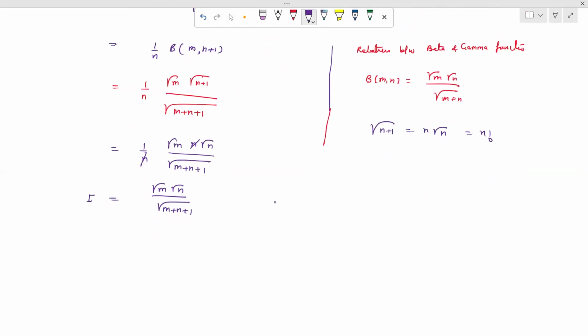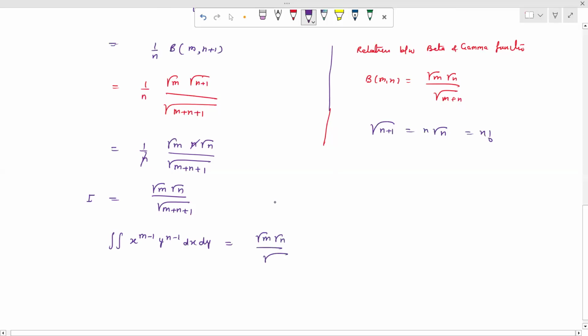So we write down this as, for all positive values basically, double integration x raised to the power m minus 1 y raised to the power n minus 1 into dx dy is equal to gamma m gamma n upon gamma (m plus n plus 1), where x positive, y positive, and x plus y less than or equal to 1.